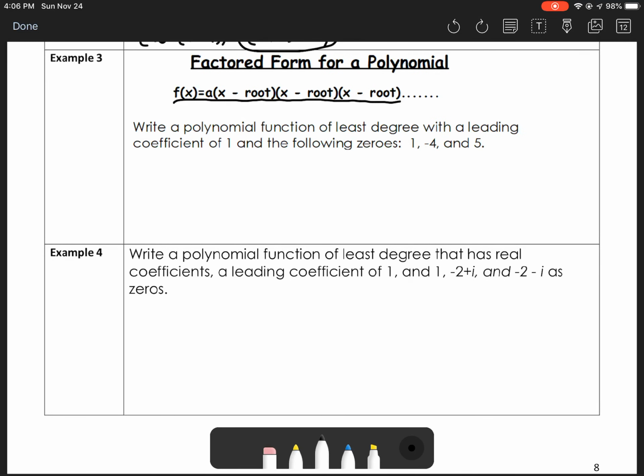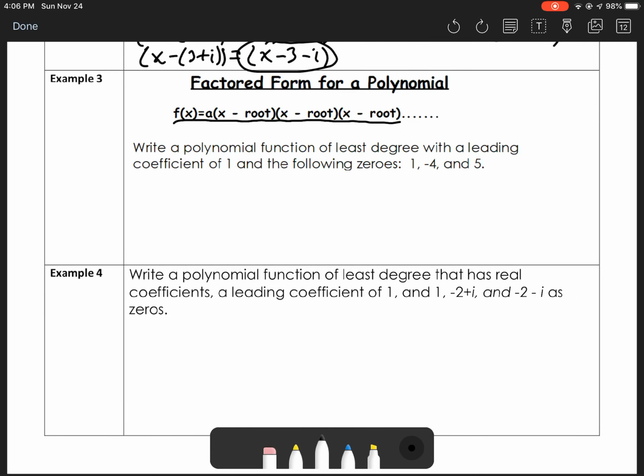Okay, now we want to write a polynomial function of least degree with a leading coefficient of 1 and the following zeros, 1, negative 4, and positive 5. So it's going to be f of x. Now notice it says leading coefficient of 1, so that's going to represent our a value, and of least degree just means the smallest degree possible, which in this case, if we have 3 zeros, that means it has to be a cubic function.